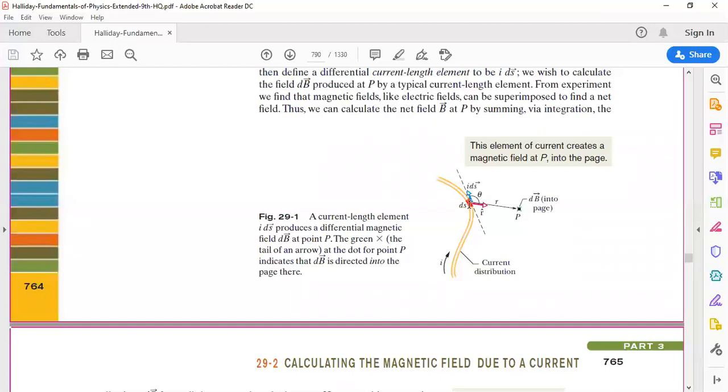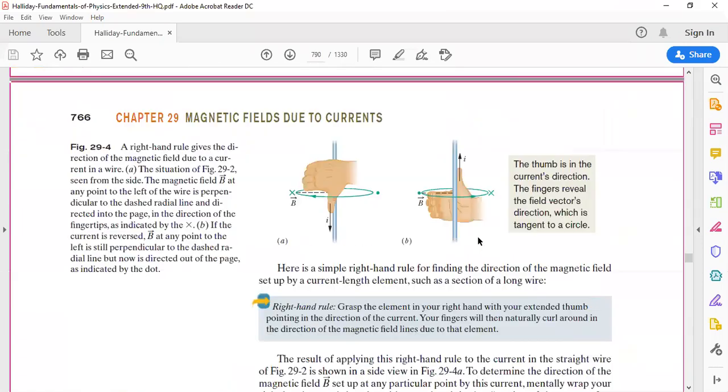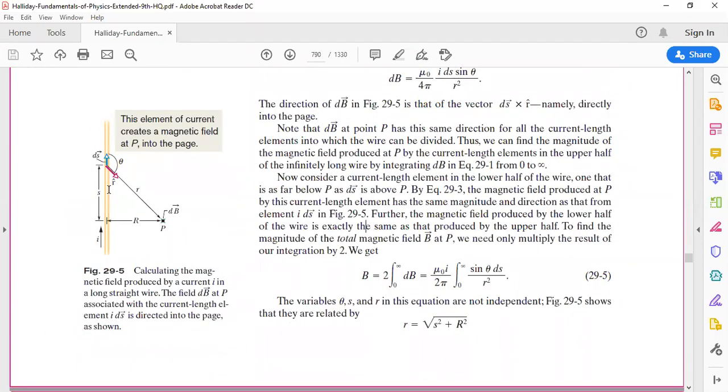If you consider any other point, like where my pointer is showing, then definitely r will be different. We cannot apply symmetry here, and quite possibly the value of current may be different. But now we have considered that the wire is straight and the current is uniform, so everywhere the current will be the same. If you consider any other point of the element, the current will remain the same. We can apply symmetry here.